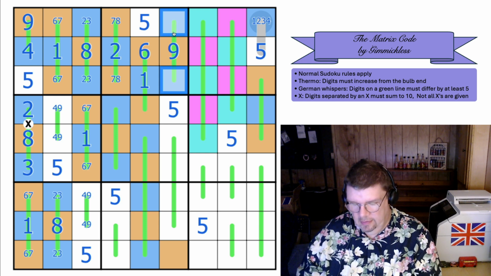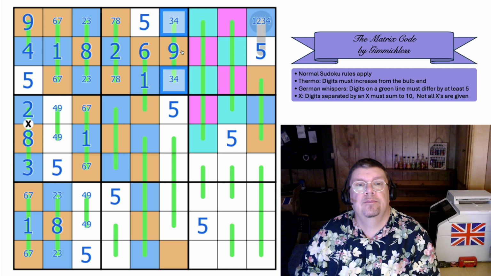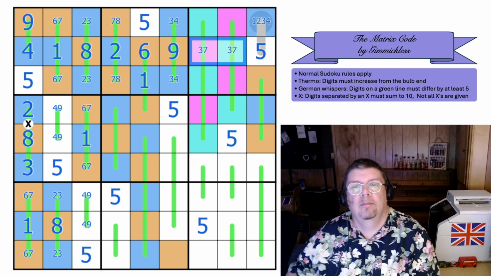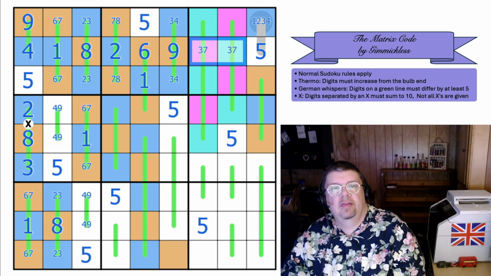These are a 3-4 pair. That's 7 and 3. But I don't know which way around they go yet.